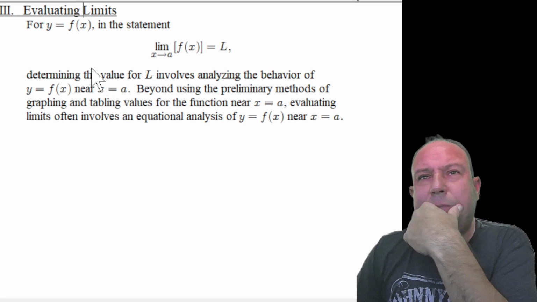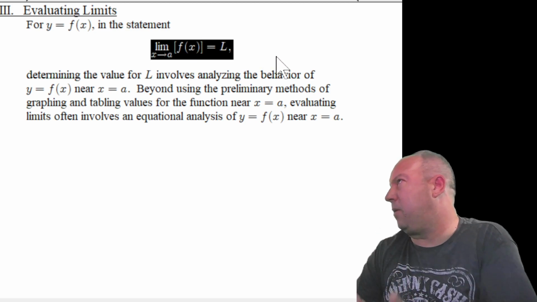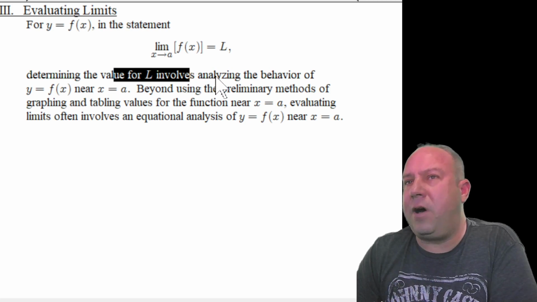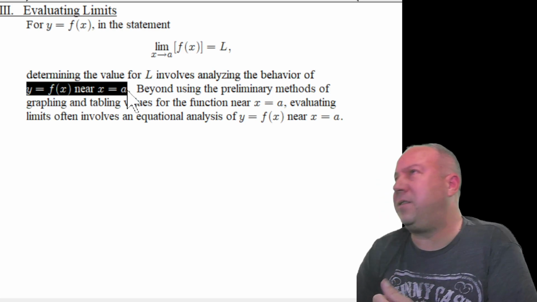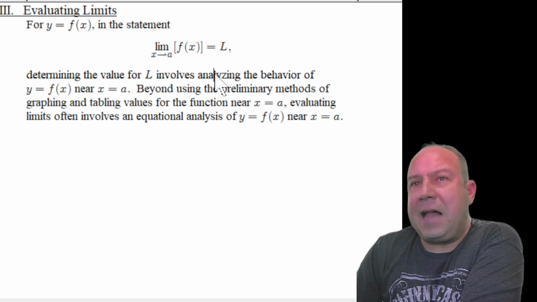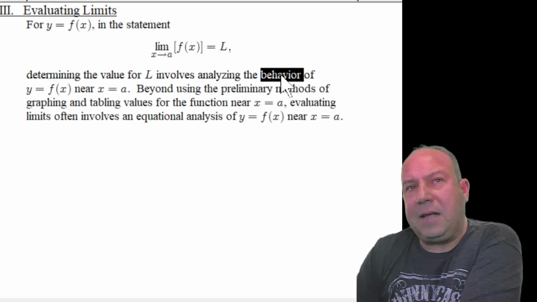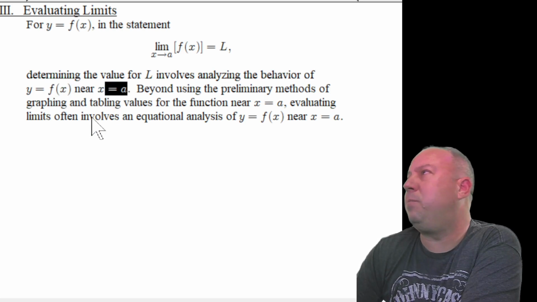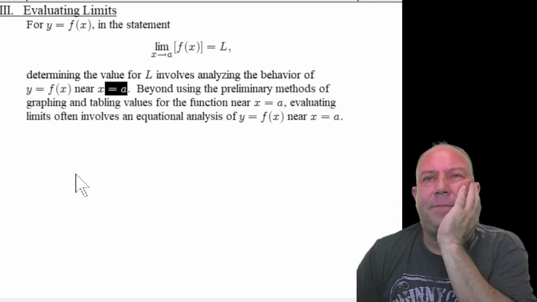Where I begin is just by noting, for y equals f of x in this statement that we're all becoming familiar with, that determining the value of L really does involve analyzing the behavior of the function f of x near the value of x equal to a. It does involve an analysis of behavior of the dependent value of our function near this independent variable where x happens to equal the value of a.